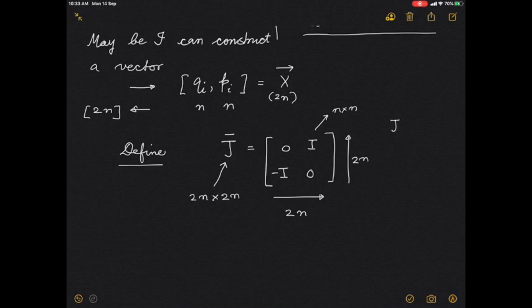Now this has certain properties you can check. If I do J square, this will come out to be minus 1. So J inverse is minus J. And exercise, homework.